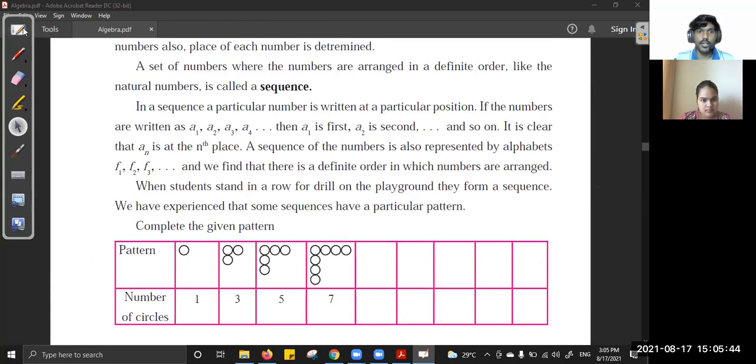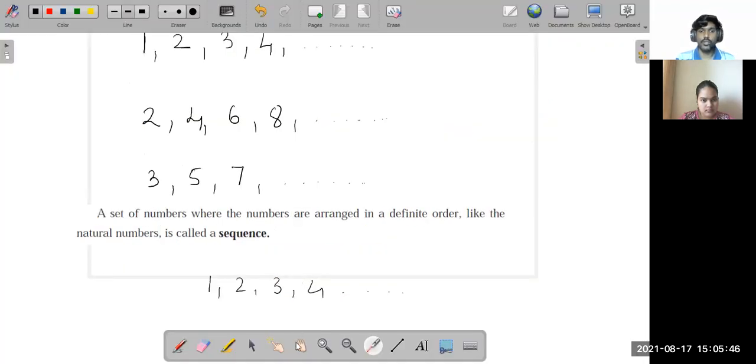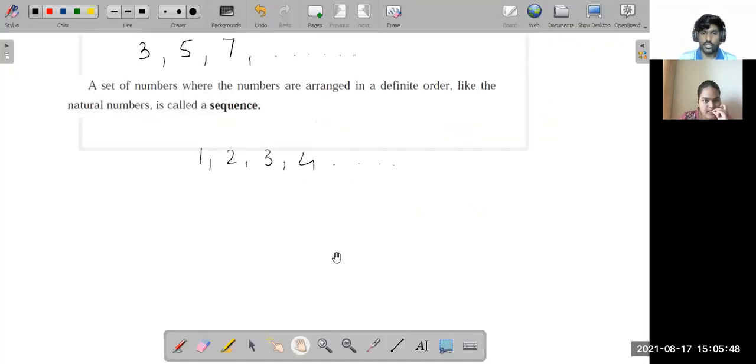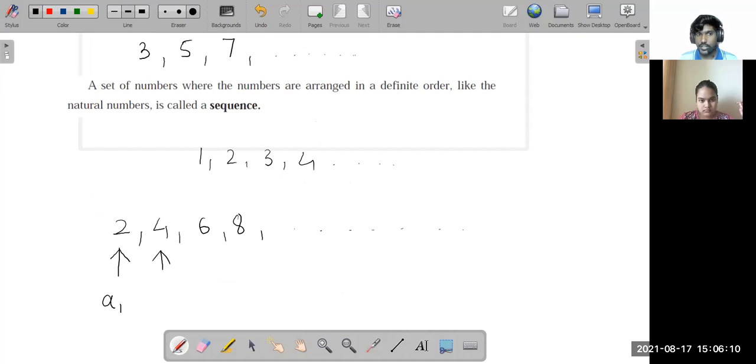Now, one notation that you need to keep in mind is the position. Suppose I write the even number sequence: 2, 4, 6, 8, and so on. The first position of the number is denoted as A1 or just A. The second position we call A2. The third position we call A3 and so on.